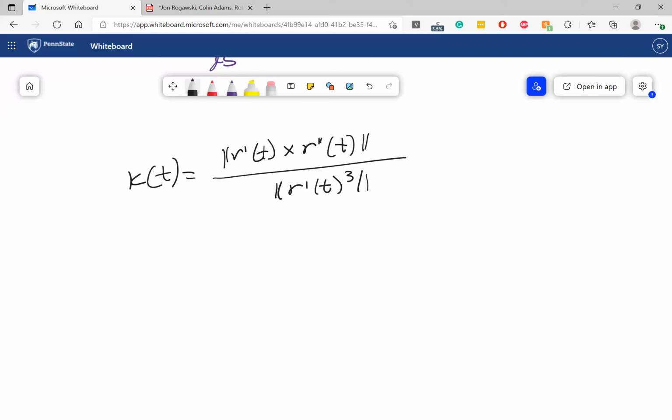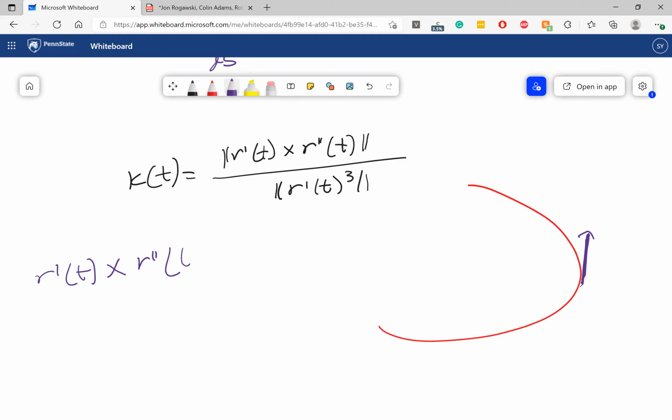Okay, so first the top part with the cross product. Let's imagine that here's your curve. Your r prime of t is this vector over here. Now, let's imagine that this cross product was 0. So what happens if the magnitude of r prime of t cross r double prime of t is equal to 0? Well, what does that mean? That means that your velocity vector and your acceleration vector, or your second derivative, are going in the same direction, right?